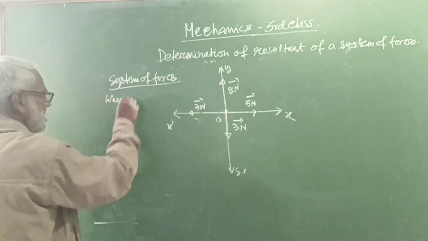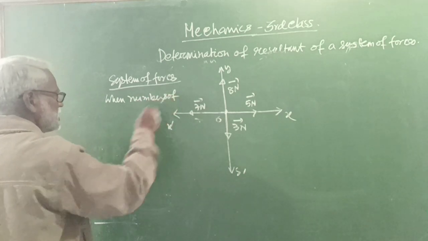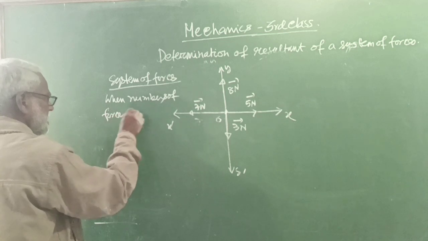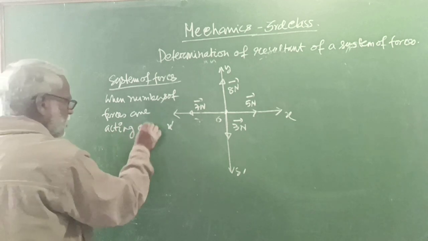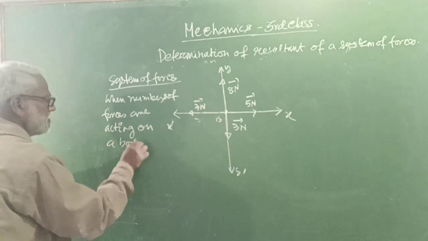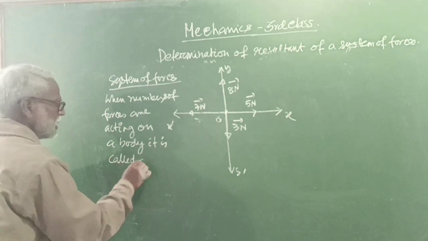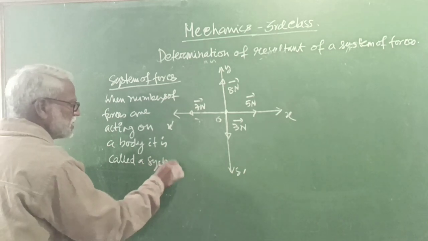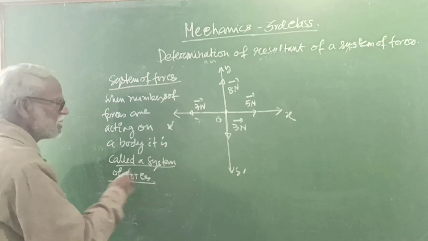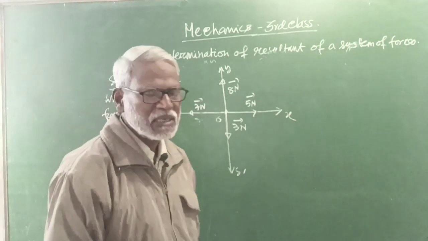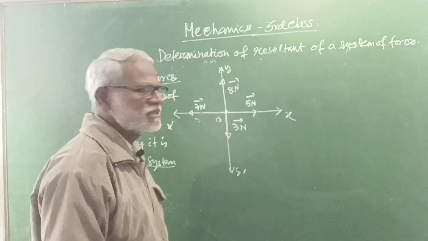When a number of forces are acting on a body, it is called a system of forces. So this is also a system of forces, and we have to find the resultant of this system of forces.